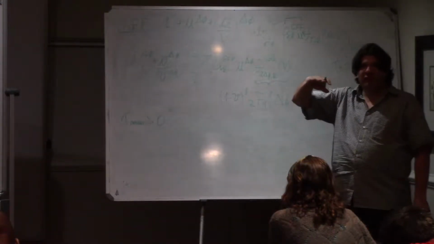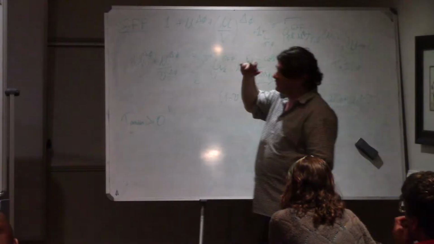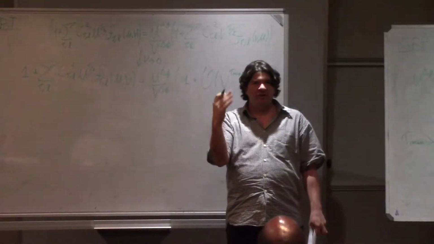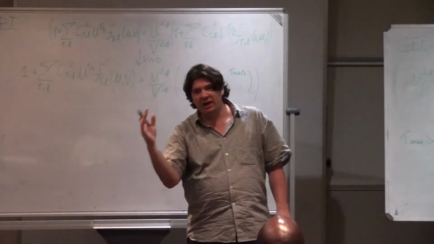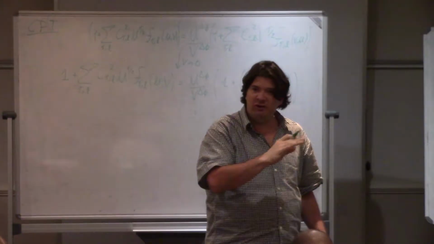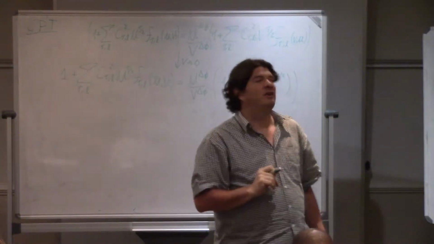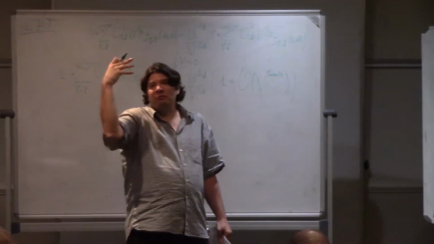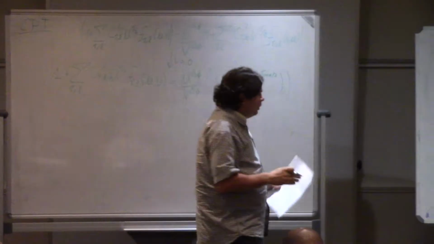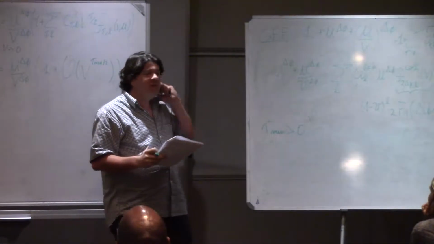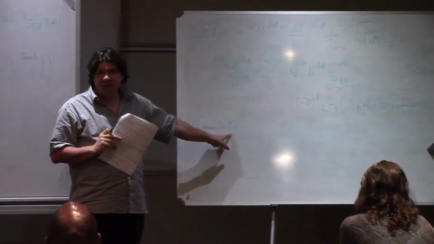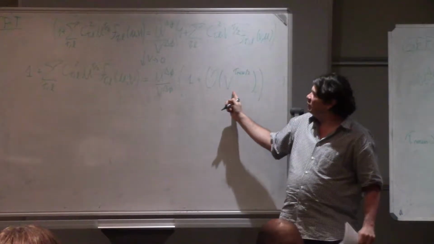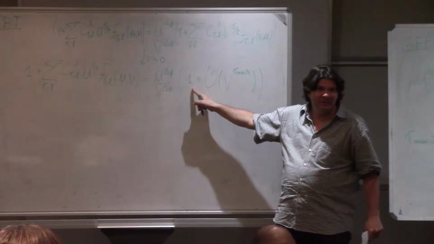In a conformal field theory, the twist of the identity operator has delta equals 0, L equals 0, so tau is equal to 0 for the identity operator. The next operator will have some tau, and we would like to say that this tau has to be bigger than 0. Why? Because I want this term to be smaller than this one.